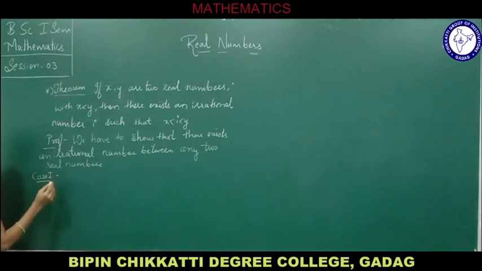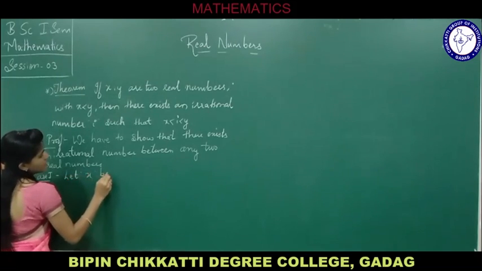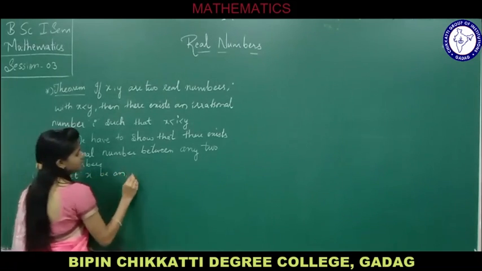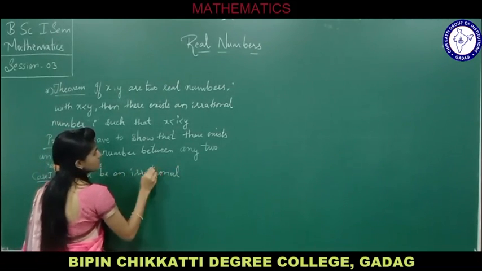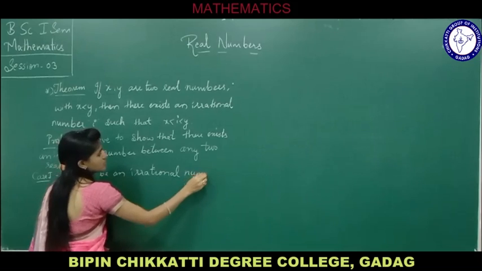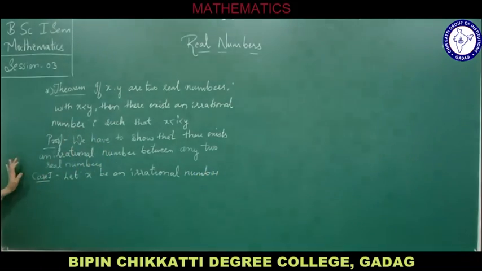Case 1, let x be an irrational number. What is going to happen if we consider x as an irrational number? See, we know that there exists a rational number r.